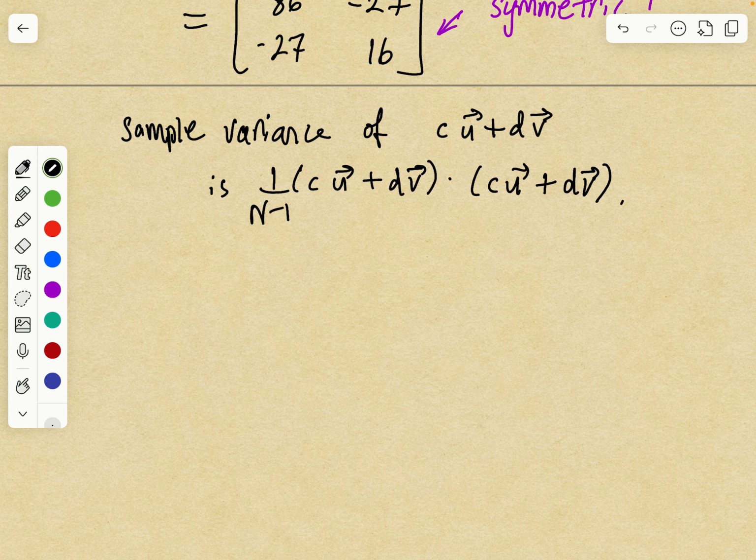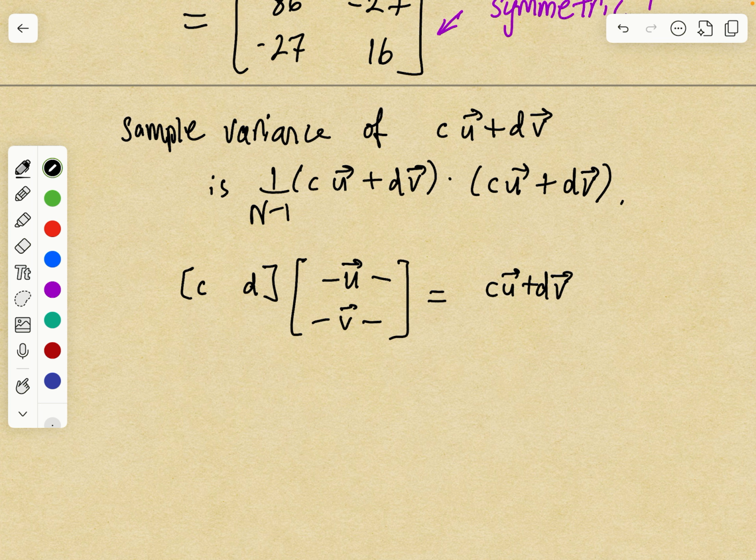Now let's say we take the vector CD like this, and we take the matrix whose rows are u and v. Well, this is actually going to be the row vector cu plus dv.